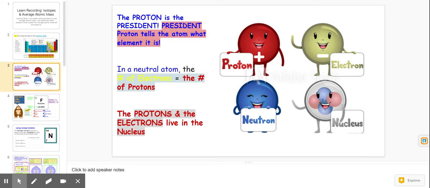The neutron resides in the nucleus along with the proton. The neutron is neutral, and it also has a mass of 1 unit. There are some additional points to know about the particles and the atom. I just wanted to give that review.